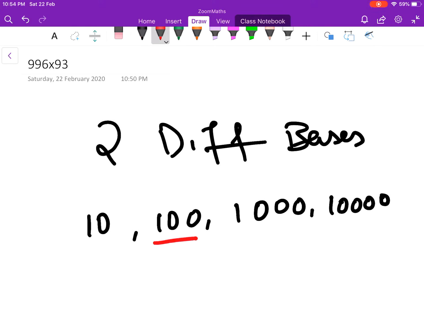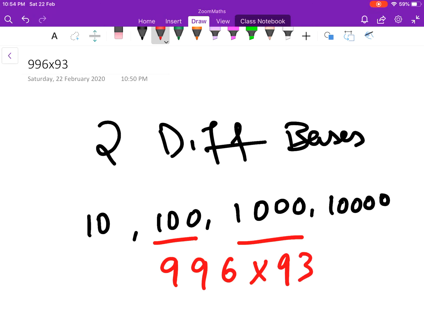Let's say one number has 100 as a base, another number has 1000 as a base. How do you multiply that? For example, how do you multiply 996 into 93 in less than 3 or 4 seconds using the tricks of Vedic maths or cross multiplication or what we have been learning from so many days.